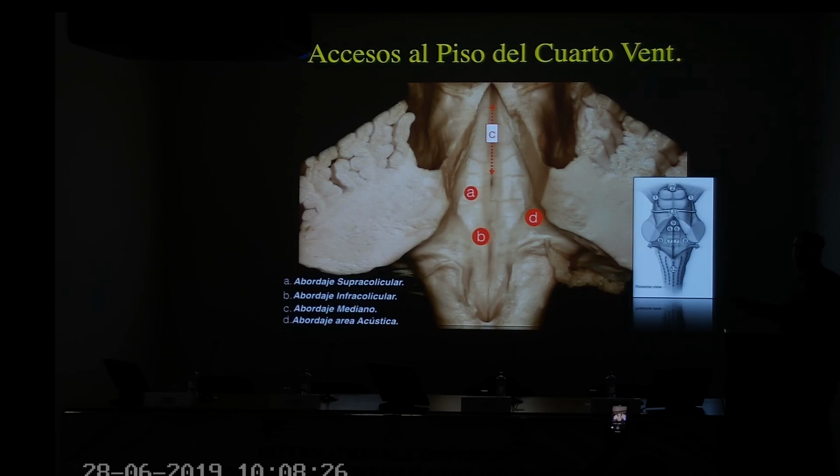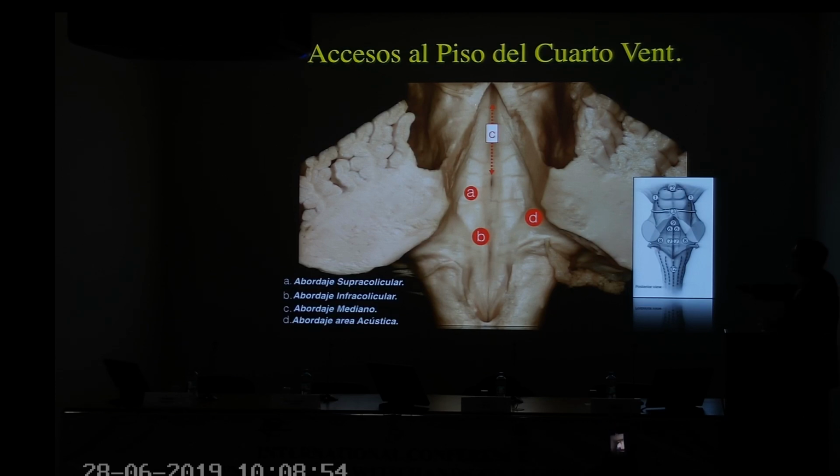But what happens if you dissect the fourth ventricle? You see, this is the fourth ventricle. You can divide it first into the superior triangle. Don't forget, superior triangle. The middle zone, second structures here. The second point, middle portion. And the inferior triangle. Three parts: superior triangle, middle zone, and here, inferior triangle.